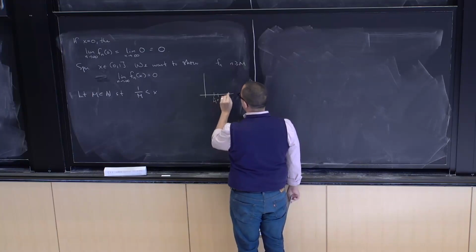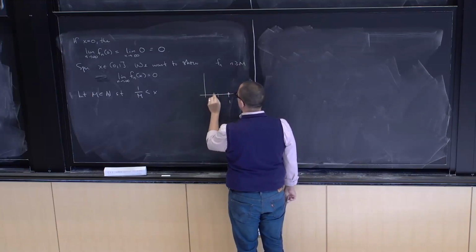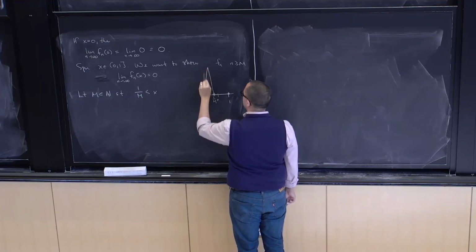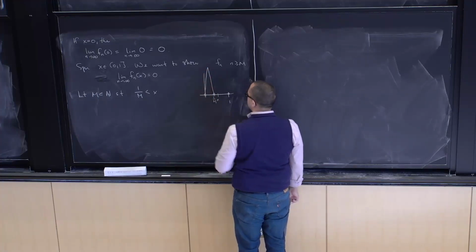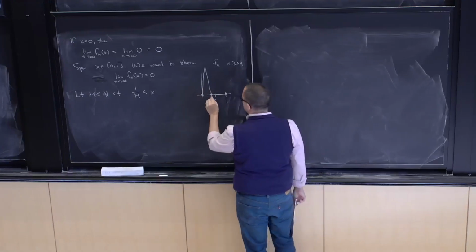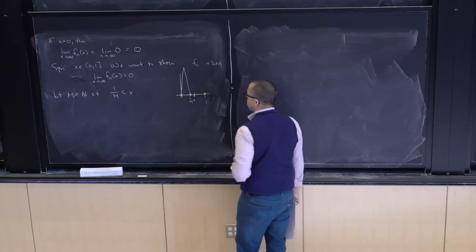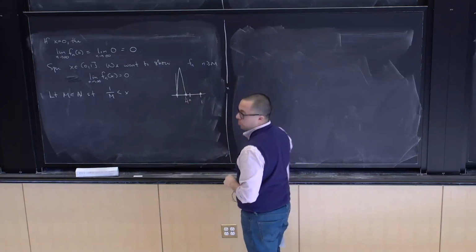It's 0 from x equals 1 to x equals 1 over M, and then shoots up and comes back down over here to 0. But here's the point. It's 0 all the way from 1 to 1 over M. So in particular, at x, fn of x is 0.